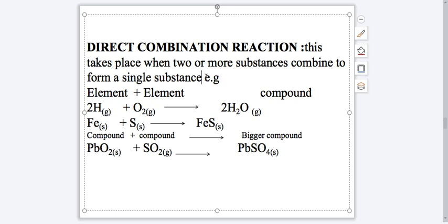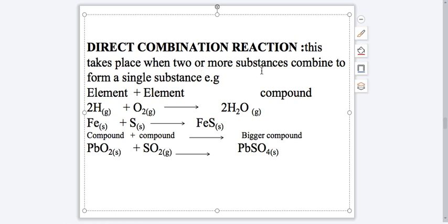The reactants in this case may be an element combined with another element to form a compound. What is an element? An element is a substance that cannot be split into two or more simpler units by an ordinary chemical process.